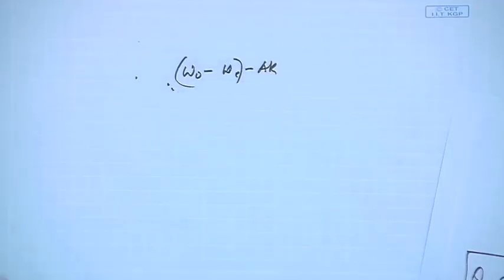So, that means there is a condition on omega 0, omega c and a k, which are the parameters of the incoming phase or frequency you are getting, and the PLL free running frequency, as well as some of the parameters of the PLL, like k.